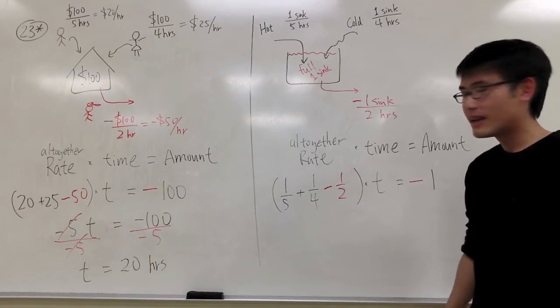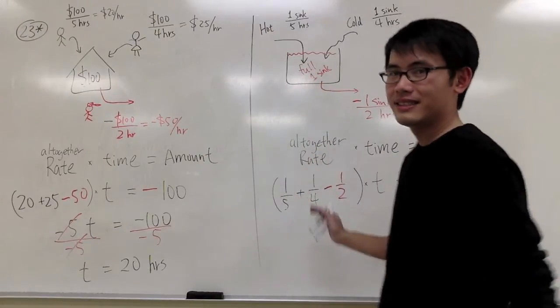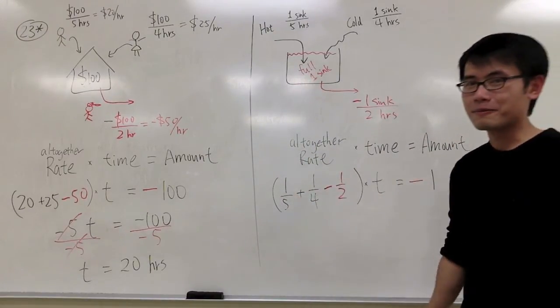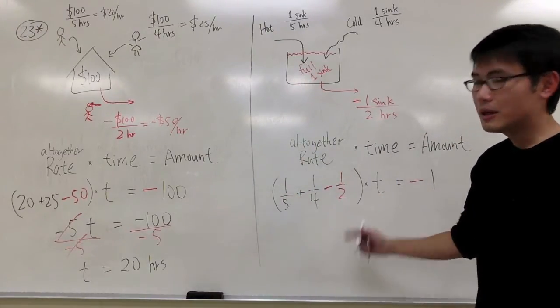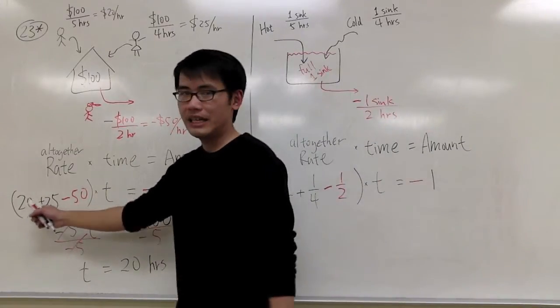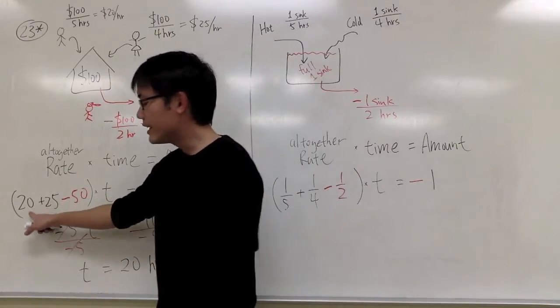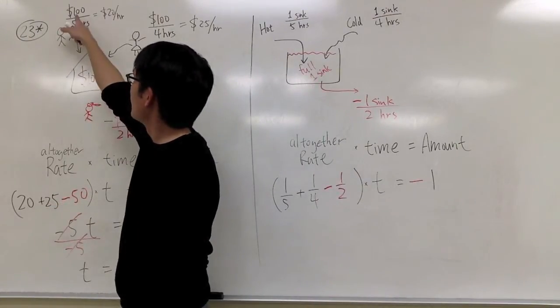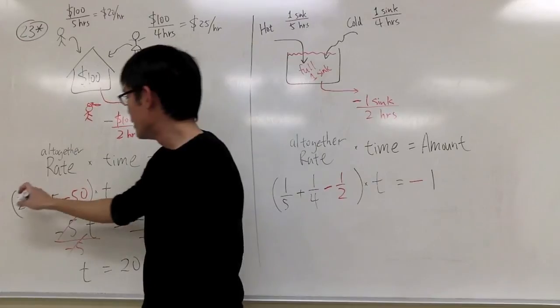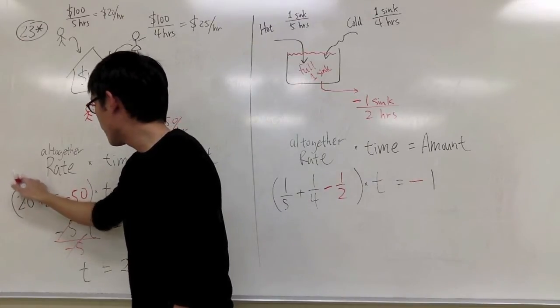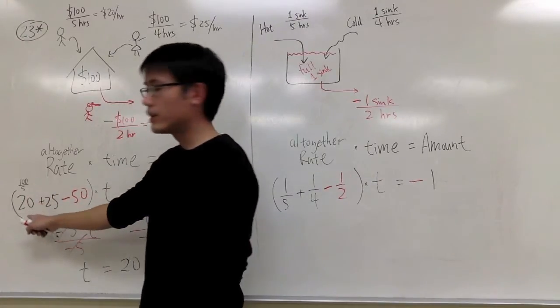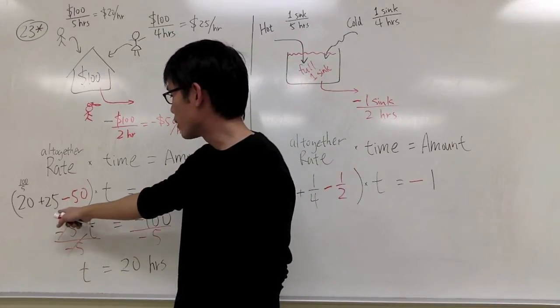Okay? And notice that these two are exactly the same. You see fractions here, but technically, we also have hidden fractions here as well. Let me go over this one more time. How did we get the 20? It's because we take 100 and divide by 5. That's 100/5. How did we get the 25?